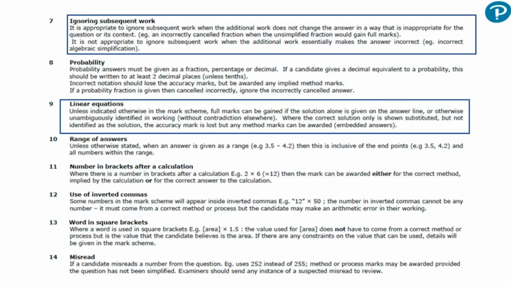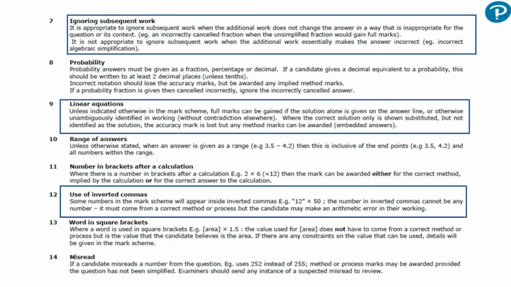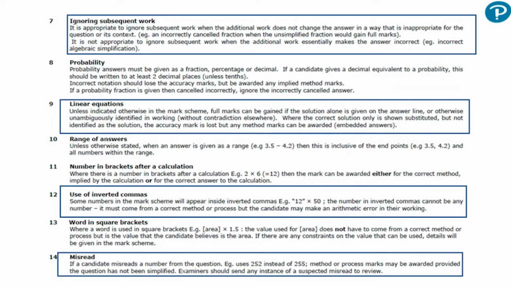And then, in inverted commas, this is where we need to look for their answer being followed through. Misreads, generally, internally, we tend to ignore any misreads, but again, it's worth knowing that it does get taken into account. And there's a difference between a misread and a miscopy. I've seen a miscopy this week with a remark that I just looked at for an appeal that we're potentially putting in.